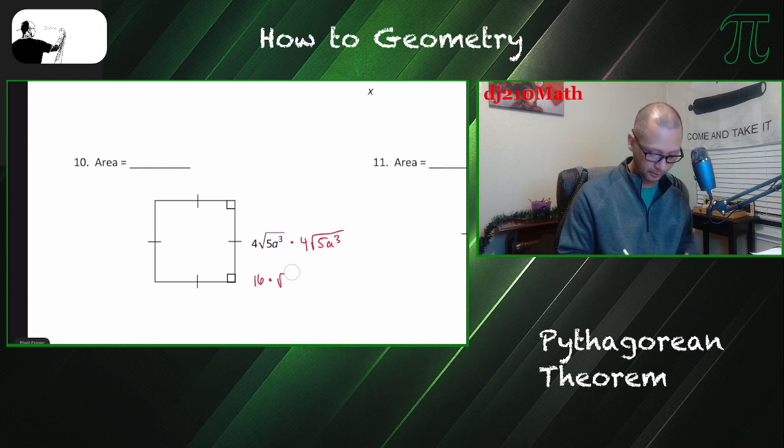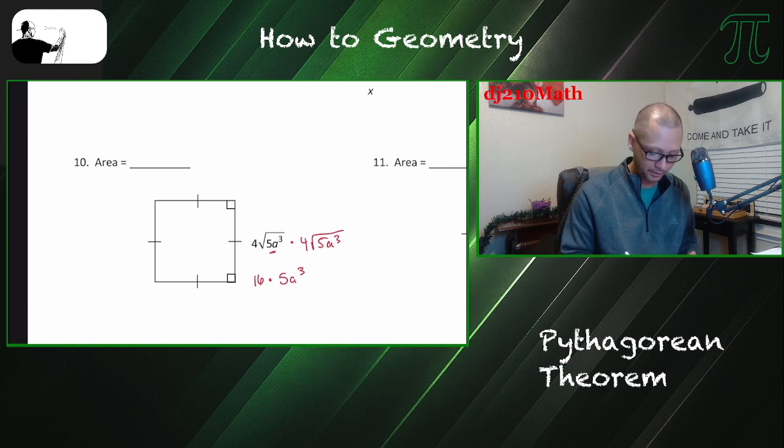Actually, there's a nice property: when you multiply square roots and the radicands match, then the product or answer is just the radicand. So 5a cubed.